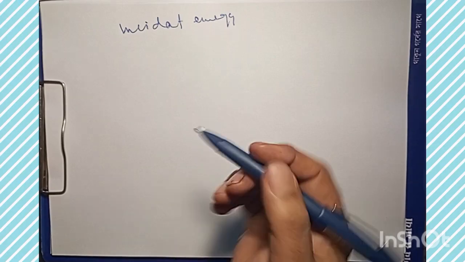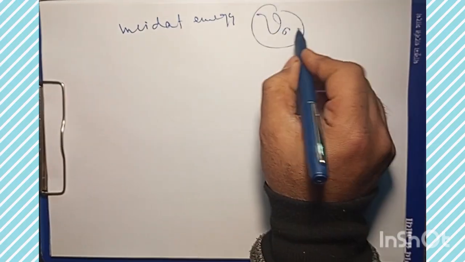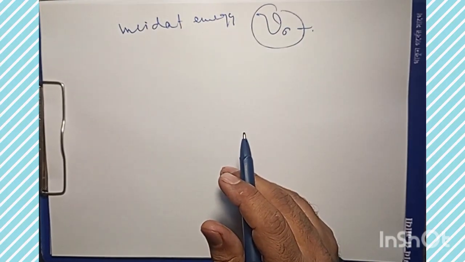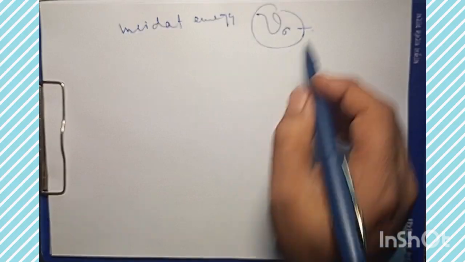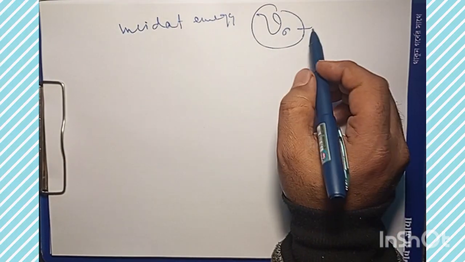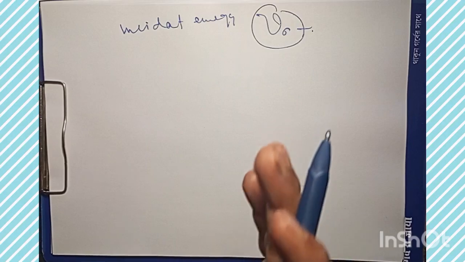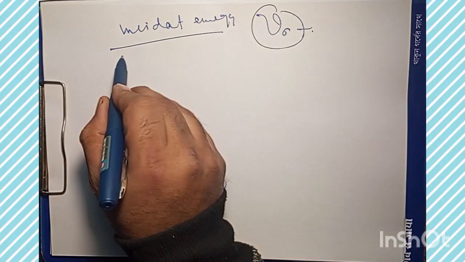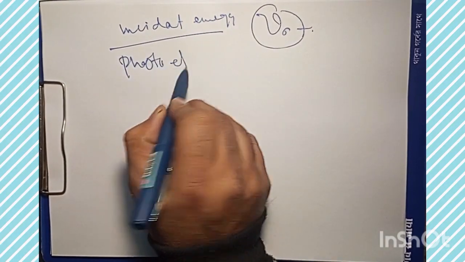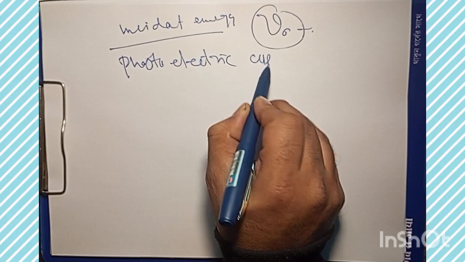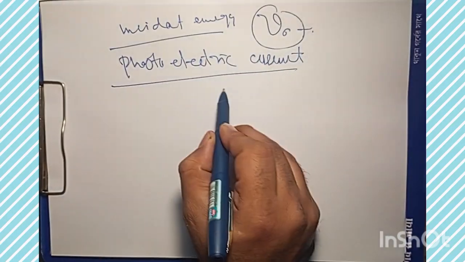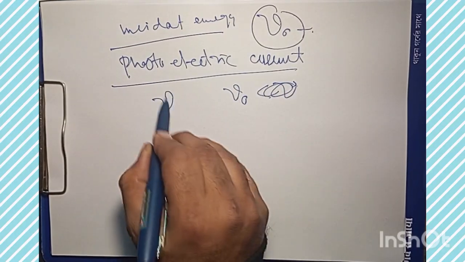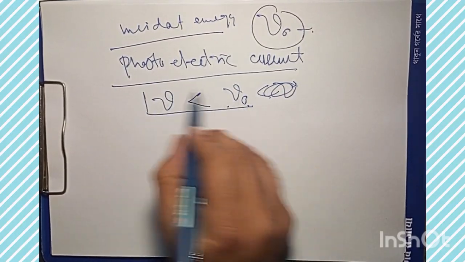There should be no threshold frequency at all, for any material. This is a contradiction to what we have repeatedly observed in the experiments, that we don't have any photoelectric current if the frequency of the incident light is less than some threshold frequency.